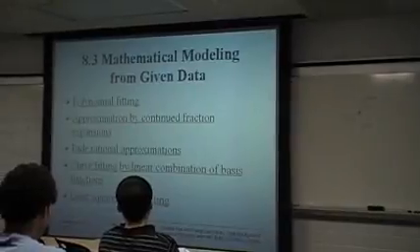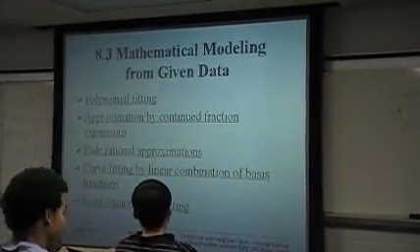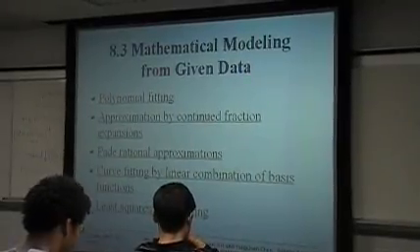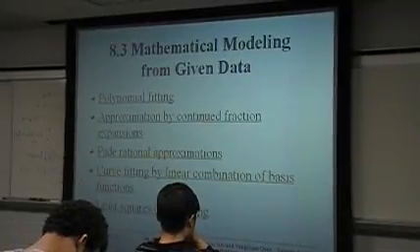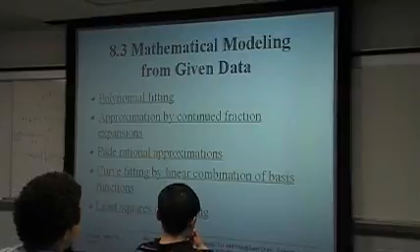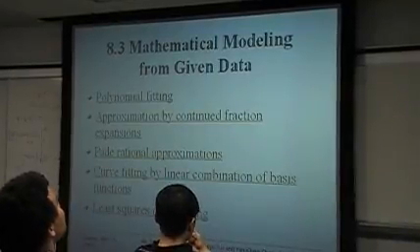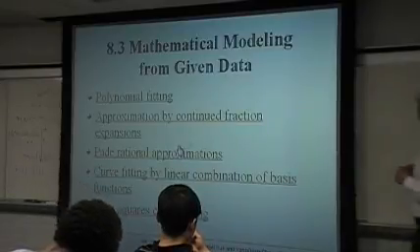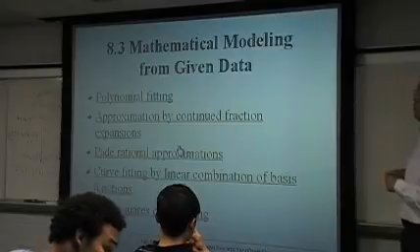So I will start by talking about polynomial fittings for given data. And then we should consider least square fittings from the data. And the rest of the parts are from another topic, which is called function approximation.